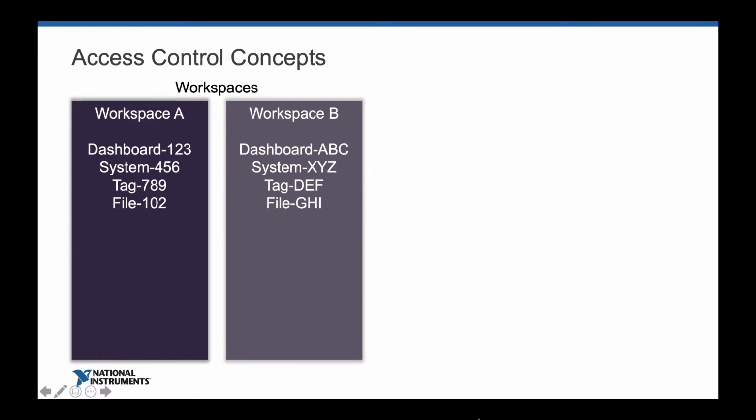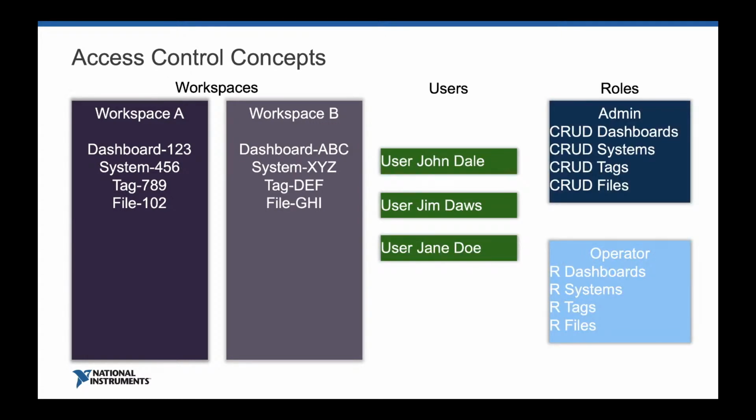But we face challenges when scaling to larger organizations with multiple teams and multiple initiatives. Enter SystemLink Workspaces. Workspaces provide a well-defined boundary between collections of data and systems and allow users to only see what is relevant to them.